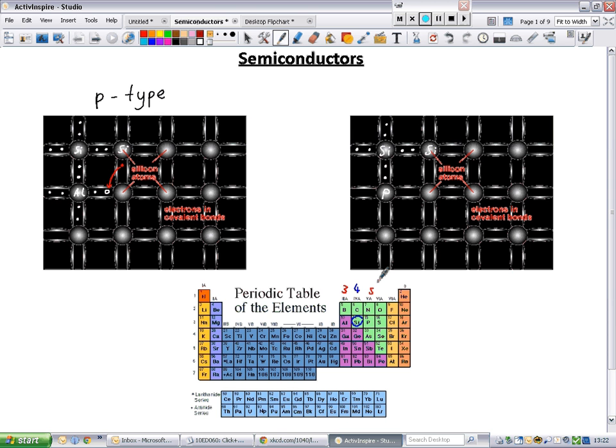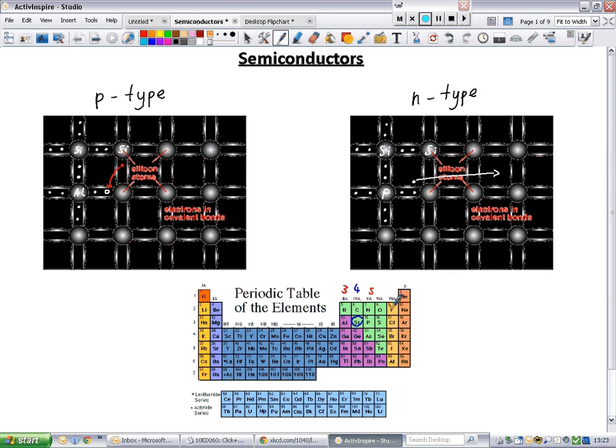We put phosphorus in there, so it's got 1 extra electron, so it fills up all the levels as silicon would normally, but it's left with 1 extra electron that doesn't really have anywhere to go. So that extra electron can then move around this lattice. It can go about the crystal lattice there, and it can carry electricity that way. So it's a negative charge carrier this time, an electron rather than a hole. So this is n-type material.